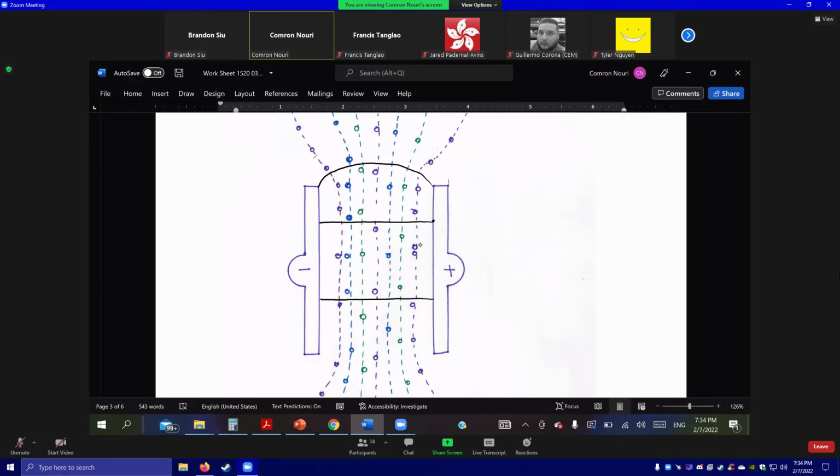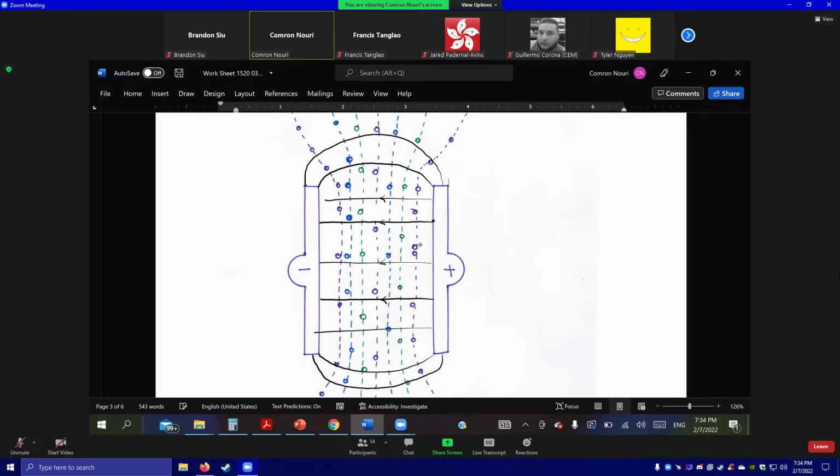And here, like that. And here, go perpendicular, and then it becomes like this. And here, perpendicular, like that. So you can draw several lines, and they are directional, and they are always from positive to negative.